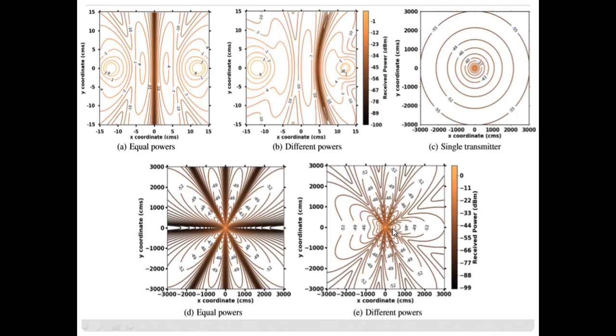So this is a picture for two transmit antennas with different powers. So this antenna cancellation can give significant reduction at the null position without having a larger effect on reception at other nodes.